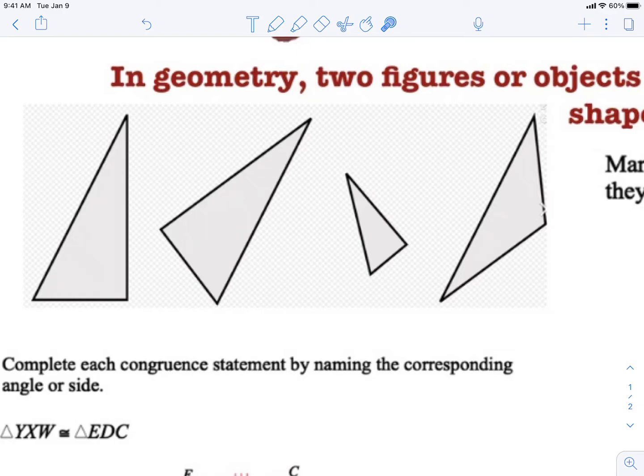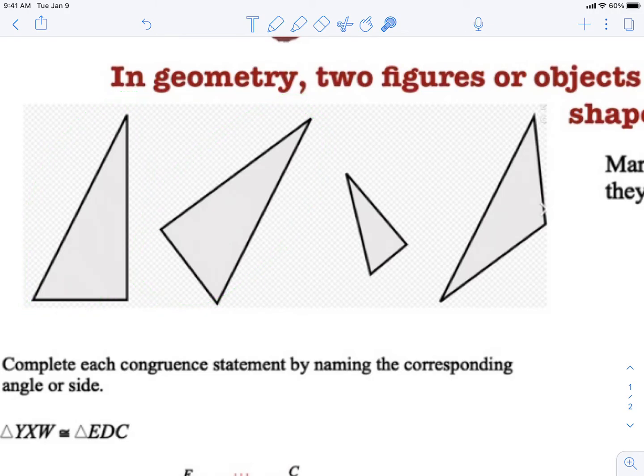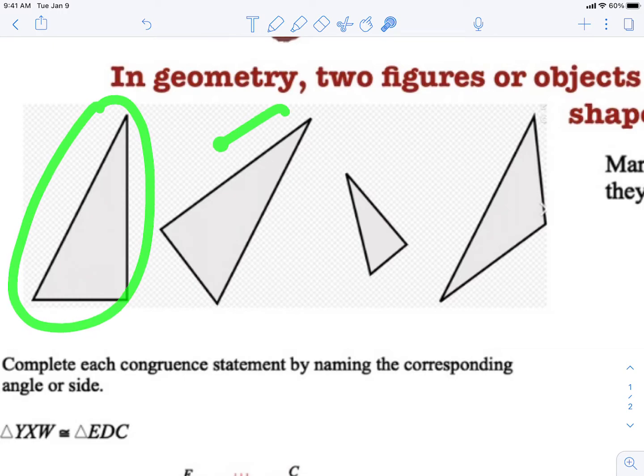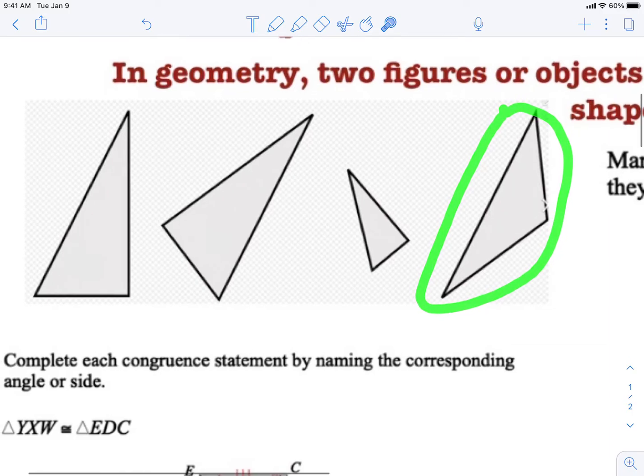This one is the same shape, but it's not the same size. So this is actually similar. This is similar to these two triangles, but we will talk about similarity later. Right now, these two are congruent because they are the same size and the same shape. Now, this one here is not congruent because it's not the same size or shape.